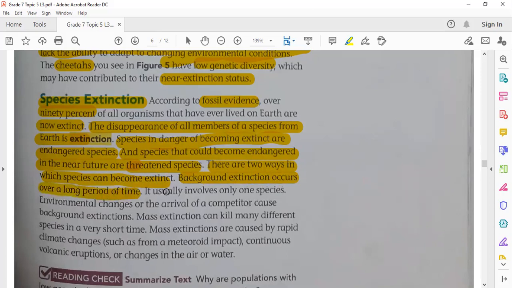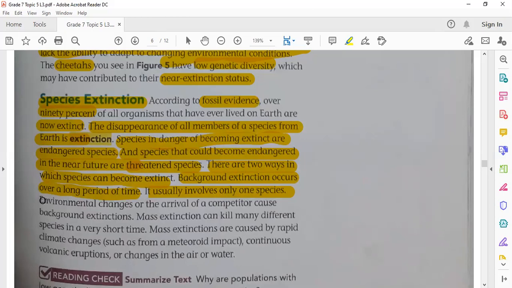It usually involves only one species. This background extinction doesn't happen in a few years. It needs a very long period of time and involves only one species.